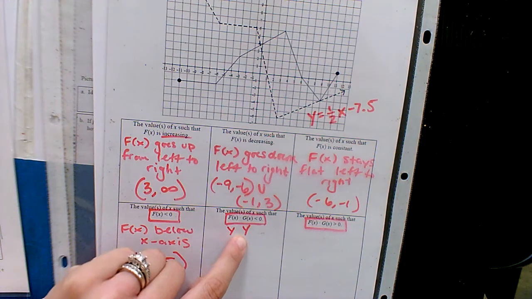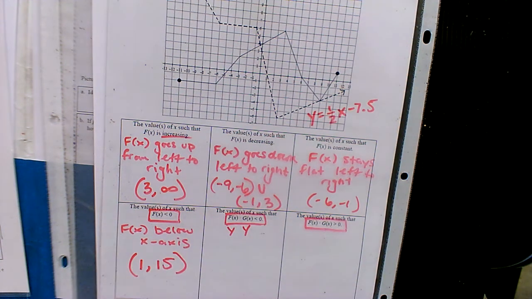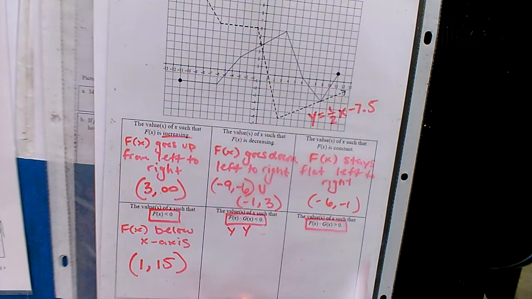Where would the g graph have to be if it has a negative value? Below the x-axis, right? If one's positive, one's negative, one has to be above, the other one has to be below, or vice versa, because we could switch them. So we're trying to analyze on this graph where f and g are in opposite places, meaning where one is above the x-axis while the other is below. That would give us a positive value and a negative value.